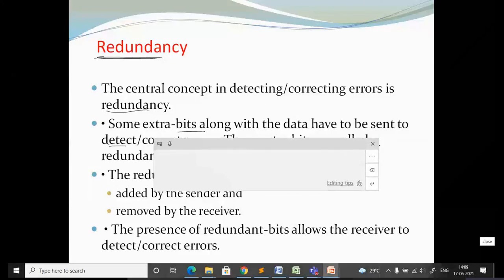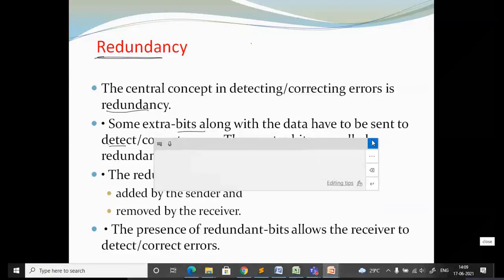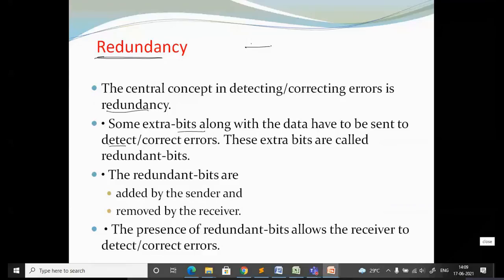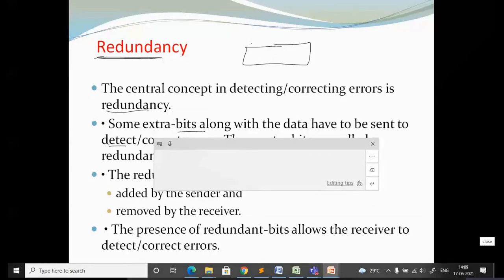Did anybody check the data link layer? Go back and check either the TCP/IP suite or OSI model layers. Normally for the network layer or physical layer, we have only two pieces of information: the header that is added, and the data.